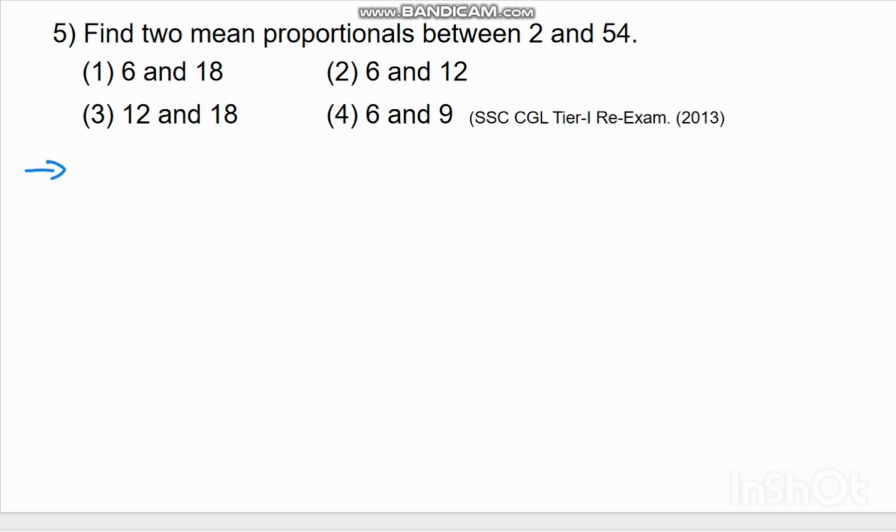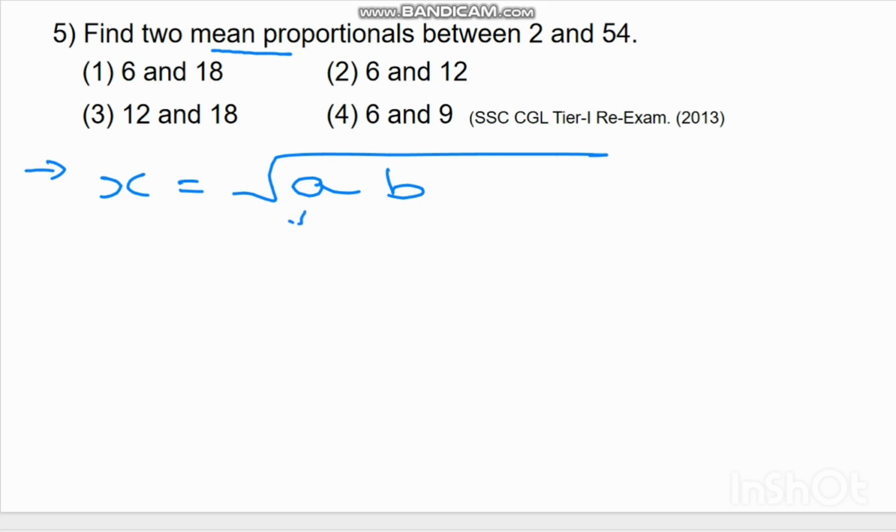Guys, listen carefully. Given here, find the two mean proportions, meaning x equal to root AB. So given here that A is 2 and B is 54, and again they are asking A and B in a different way. So 2 into 54 is nothing but 108.